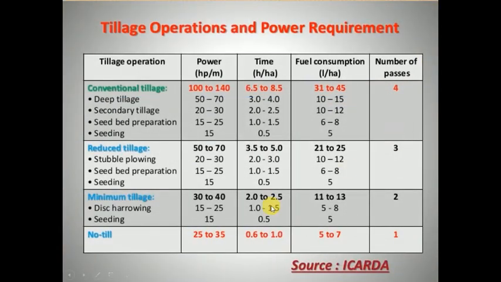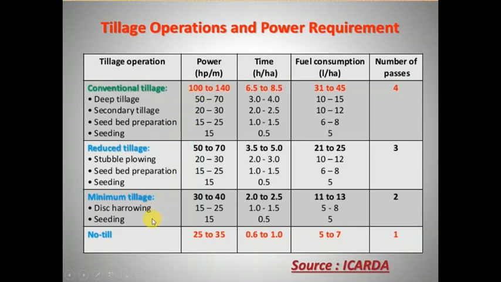Look at this table. When different conventional tillage operations such as deep tillage or secondary tillage are happening, it consumes 100 to 140 horsepower per minute of power, 6.5 to 8.5 hours per hectare of time and 31 to 45 liters per hectare of fuel.